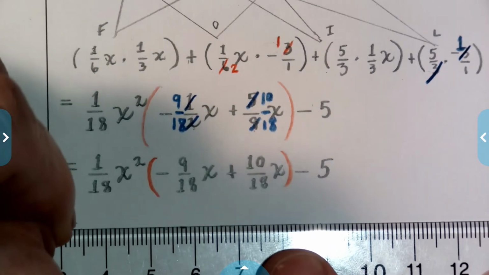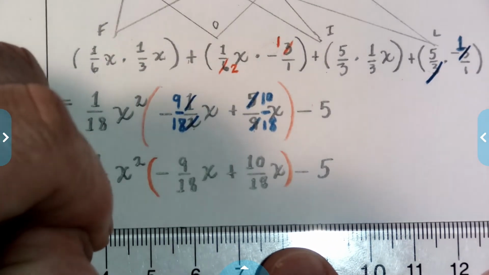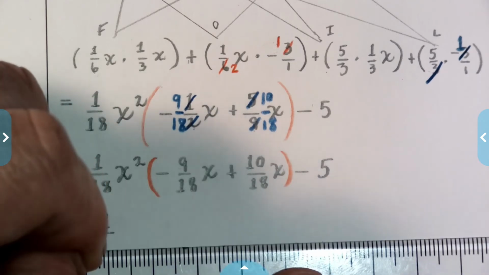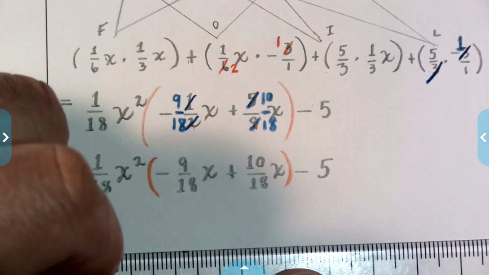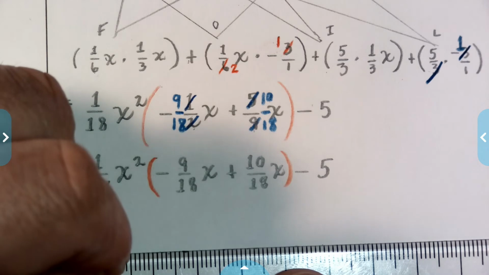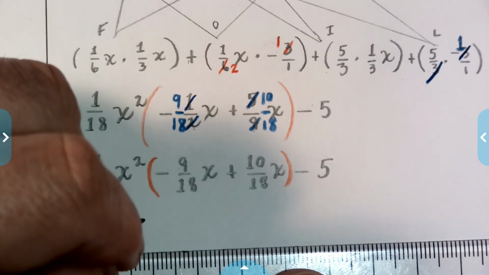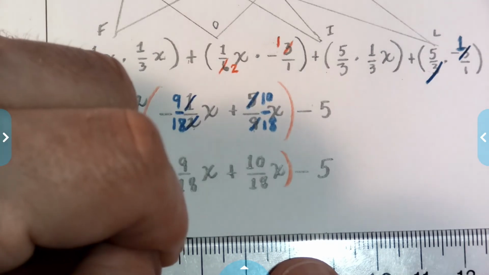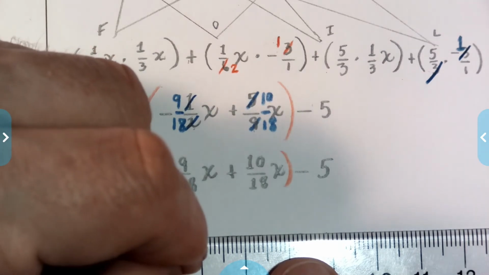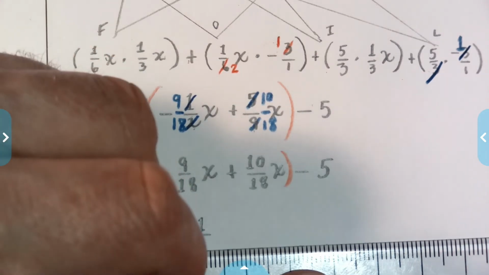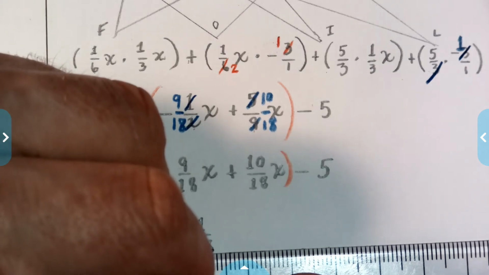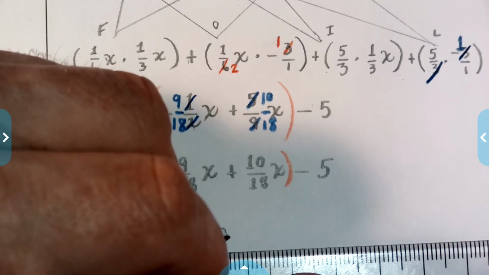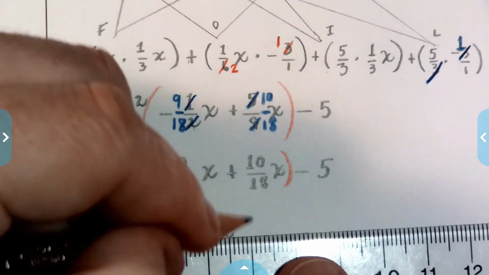So now we have 1 over 18 x squared plus 1 over 18 x minus 5.